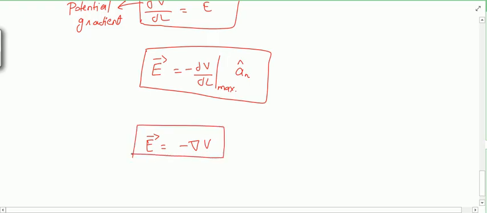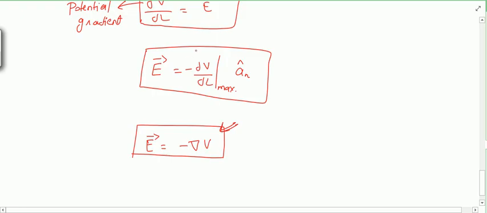This will be the value for the electric field, and this will be the relation relating E and V. So you can directly apply this formula for finding the electric field with the help of potential. So E is equal to minus del V, that is, the gradient of the potential.